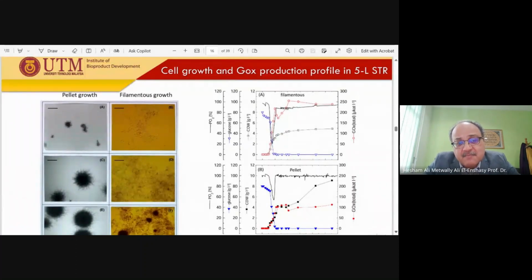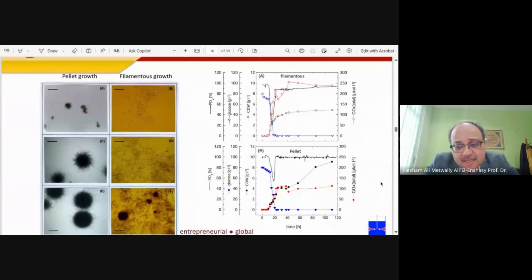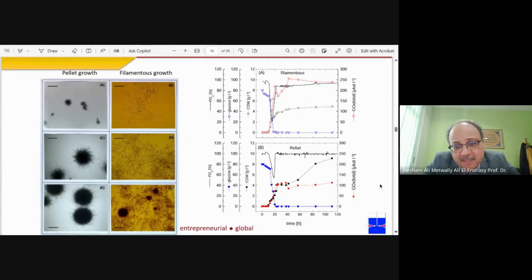In this case, it makes a more filamentous structure. And if you see here, just changing from filamentous to biopellet, the complete kinetics of the cultivation have changed. And this proves how significant biopellet formation is in this process.